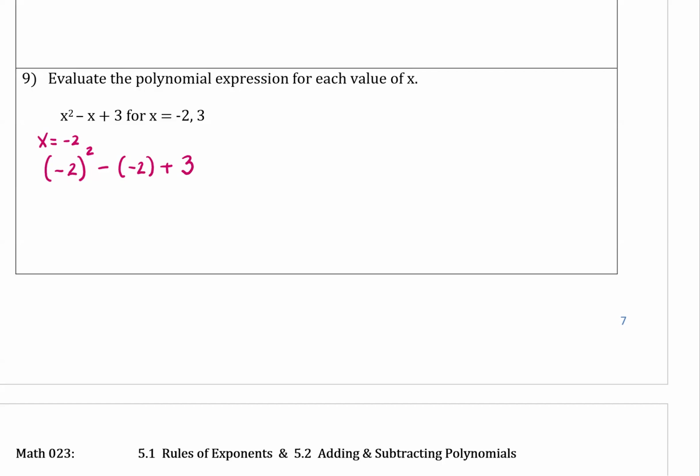The base is -2 and it is squared. This is a +4. Minus a -2 makes a +2 plus 3. 4 plus 2 is 6. 6 plus 3 is 9.